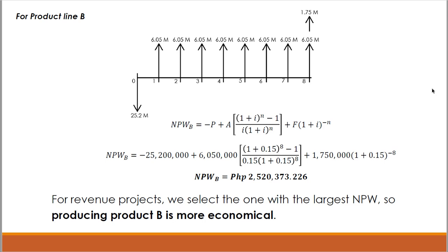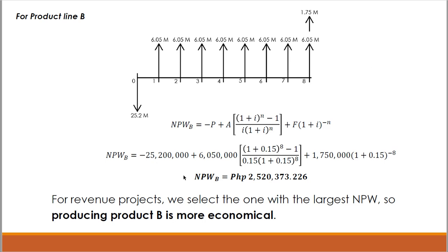So the net present worth for B, again, so since downwards yung arrow, minus yan, upwards ay plus. So salvage value natin, of course, plus kasi ibebenta mo yon, babalik yung pera sa'yo. So, ayan, kaya additive itong ating salvage value.